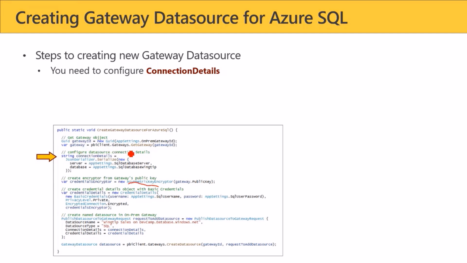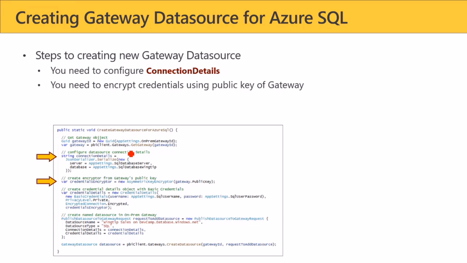Now, next thing I want to point out is, right here, earlier we saw that there was support for encrypting, but we don't really need to encrypt when we're in the virtual gateway because those are automatically encrypted for us. It's when we're programming against an on-prem gateway. And what you'll see is that the gateway has a public key.